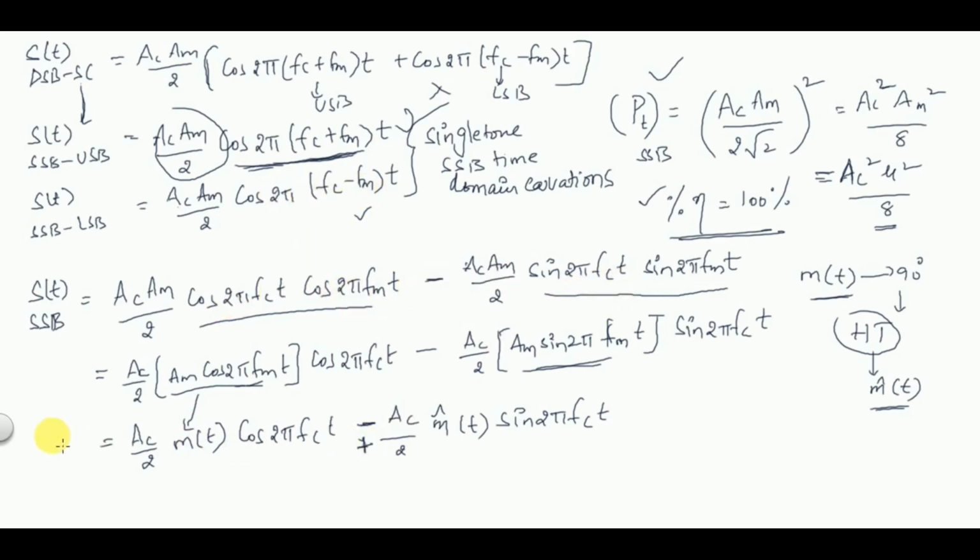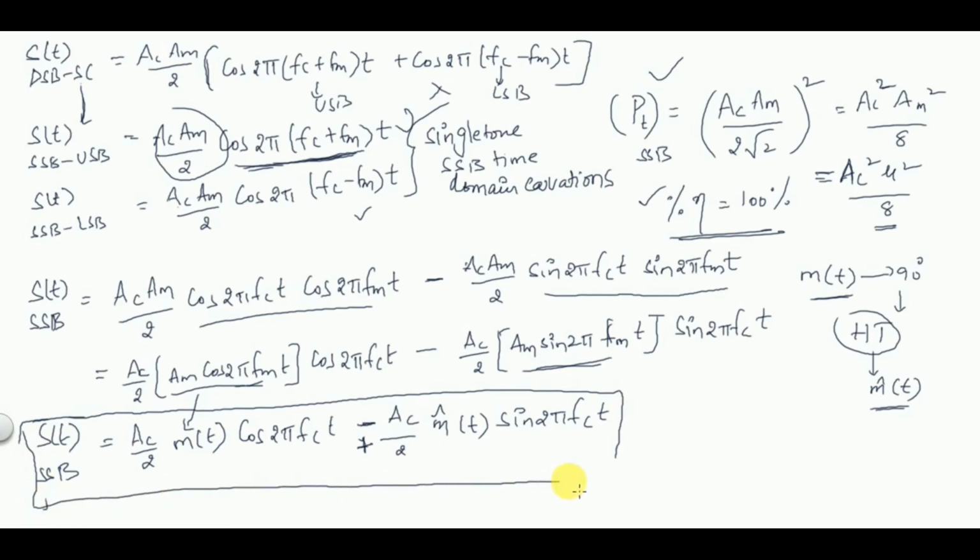So this is the generalized time domain equation for an SSB signal. This minus is for the upper sideband and this plus is for the lower sideband.